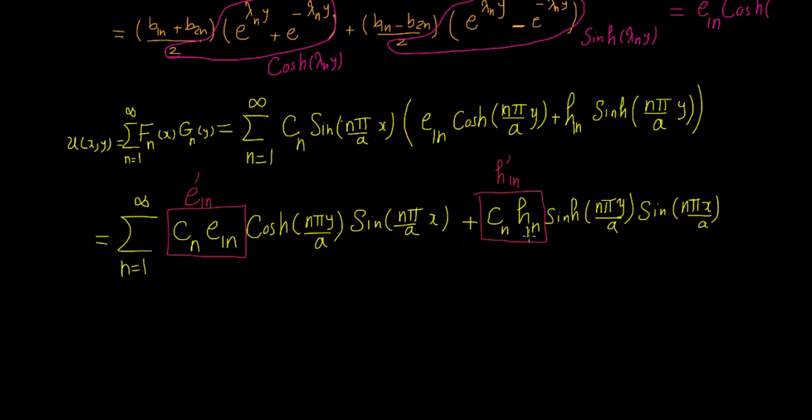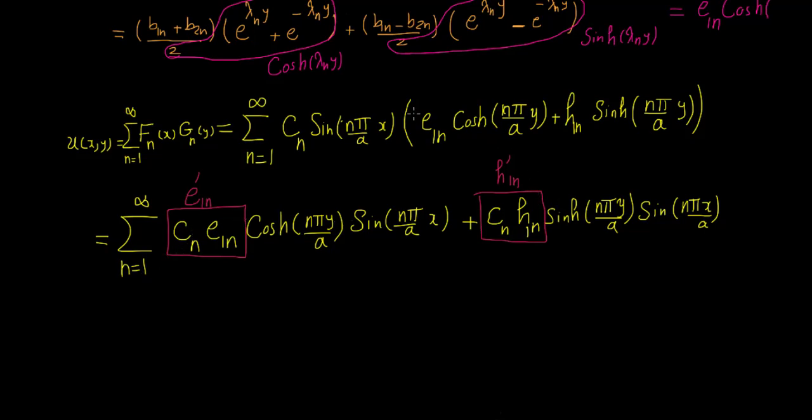So what is going on here? We have two unknowns, e prime 1n and h prime 1n, and we are supposed to solve for these two unknowns. In fact, we have infinitely many n's, and we have two unknowns for each of the n's, so we have 2 times infinity unknowns.